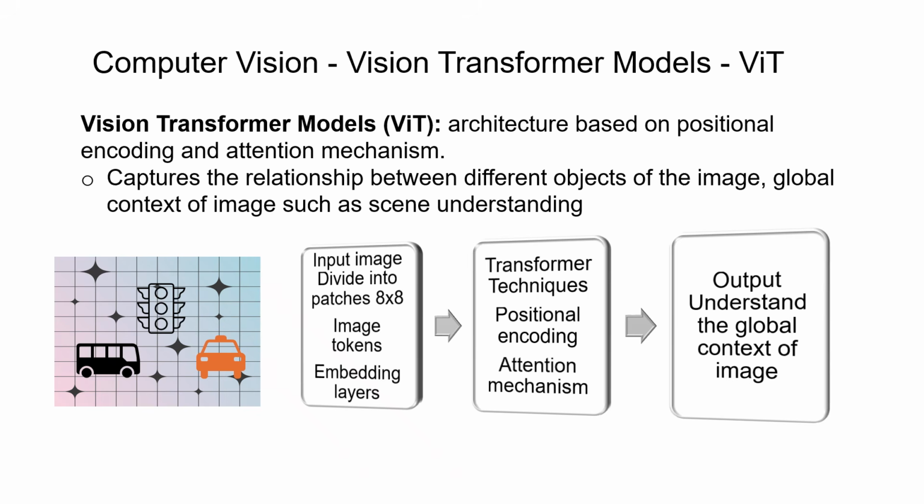Then pass these patches into transformer attention mechanism to find the relationship between the patches and understand the local and global context. Input images has objects like car, traffic lights, bus, so that context here is street scene. Next slide.